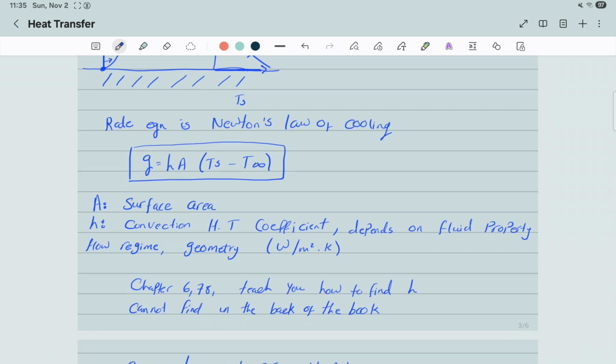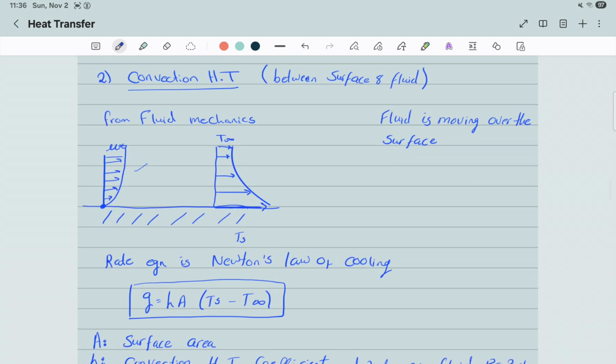In chapters 6, 7, and 8, we'll teach you how to find H. You cannot find that at the back of the book, unlike K, the thermal conductivity.